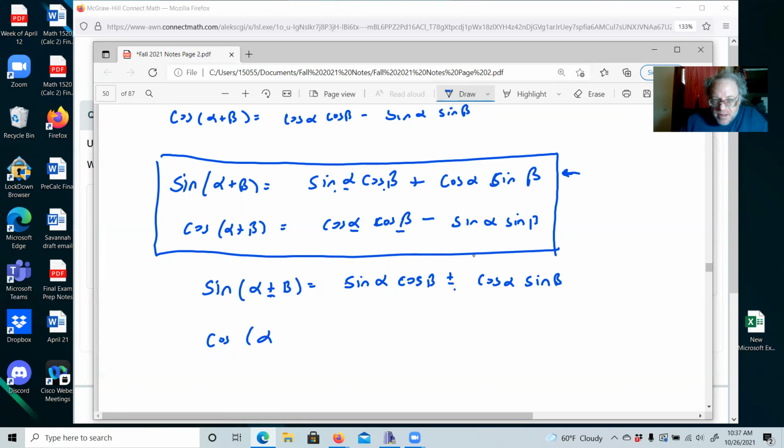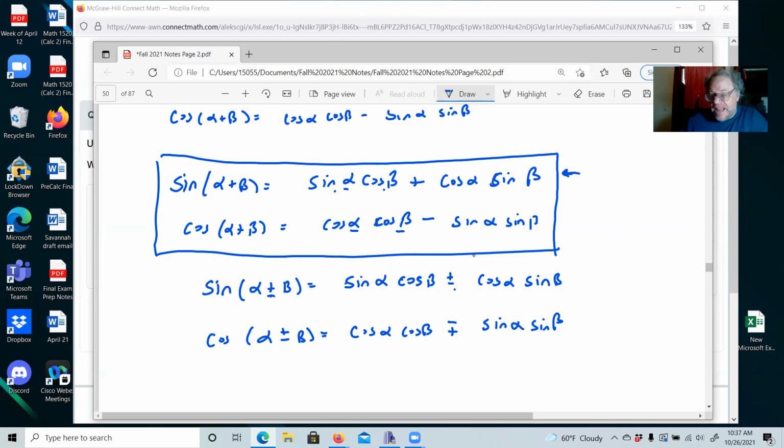Cosine of alpha plus or minus beta is equal to cosine alpha, cosine beta, minus or plus sine alpha, sine beta. All this minus-plus thing means is that we just swap the order of the arithmetic.